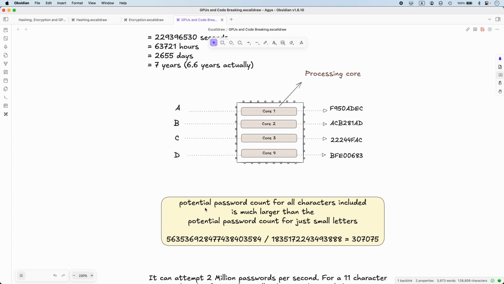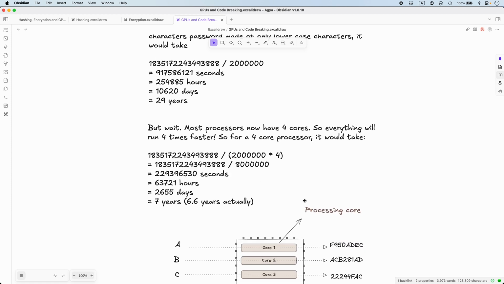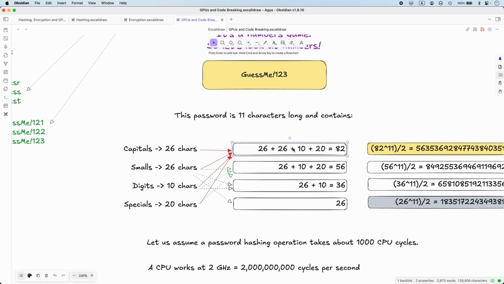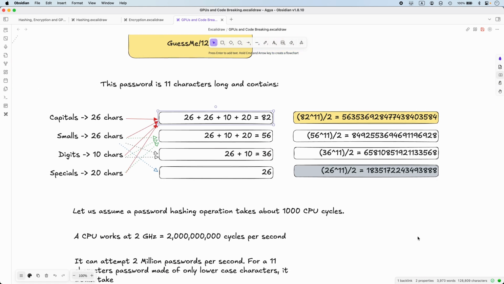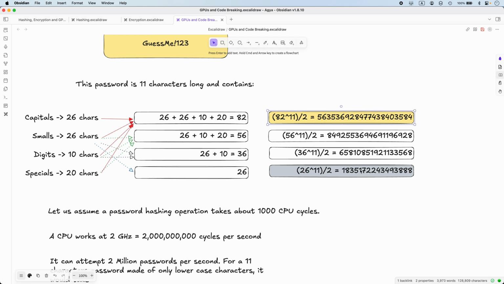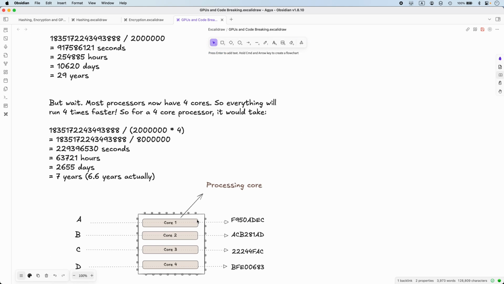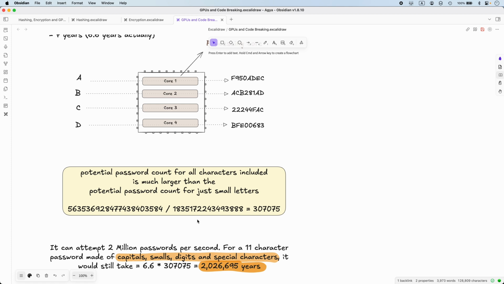So the potential password count for all characters included is much larger than the potential password count in the case of this one, 82. Here I'm going to find out what is the difference between this and this. What is the complexity?